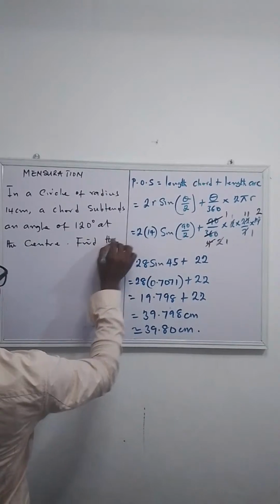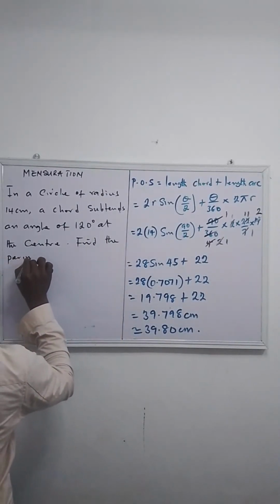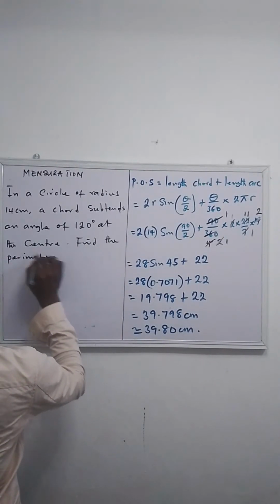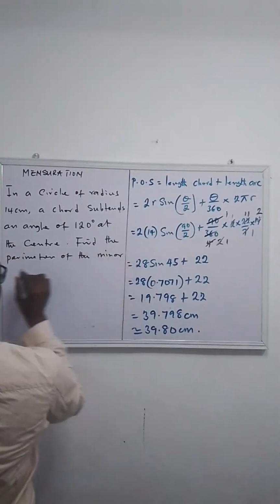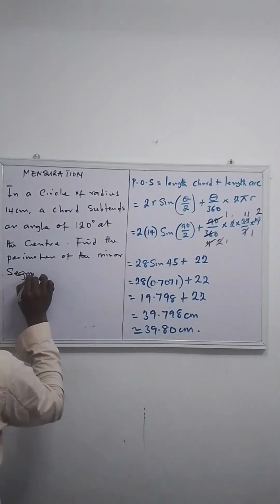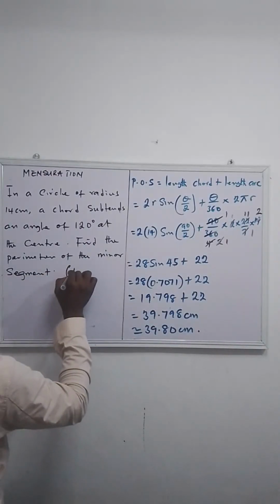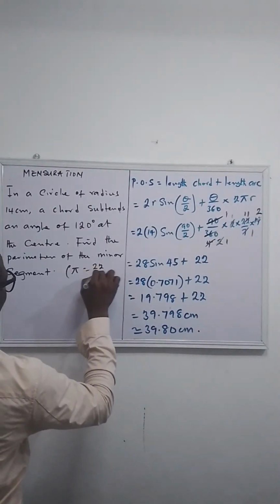Find the perimeter of the minor segment. I is equal to the 7.